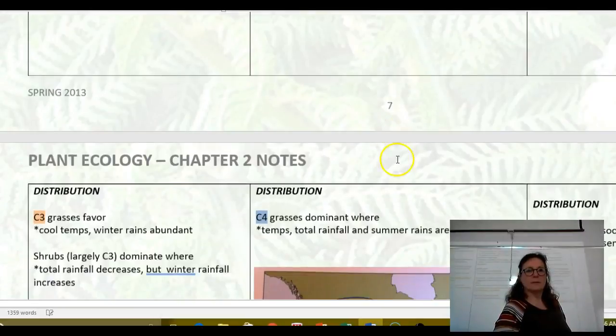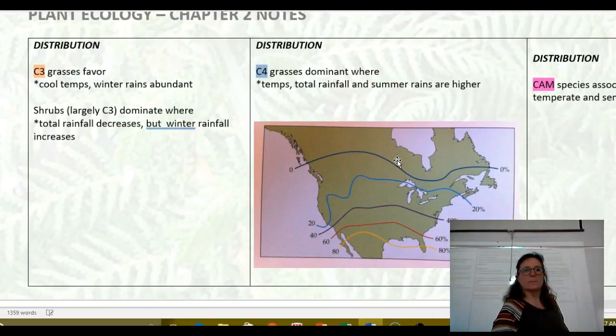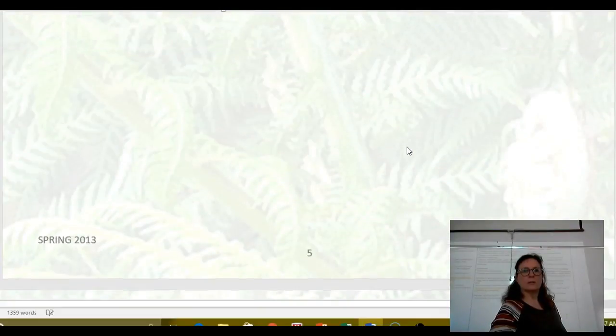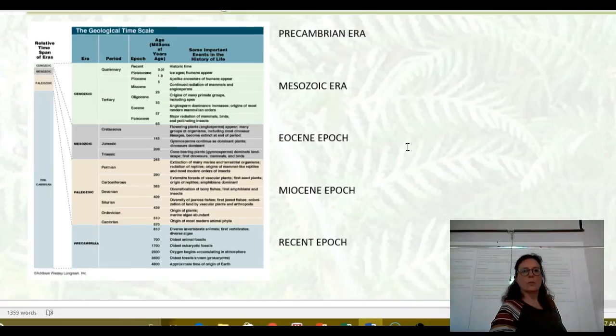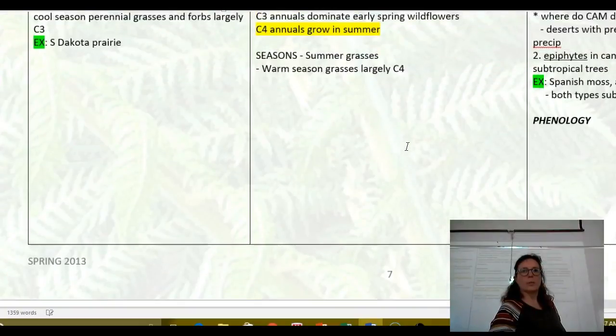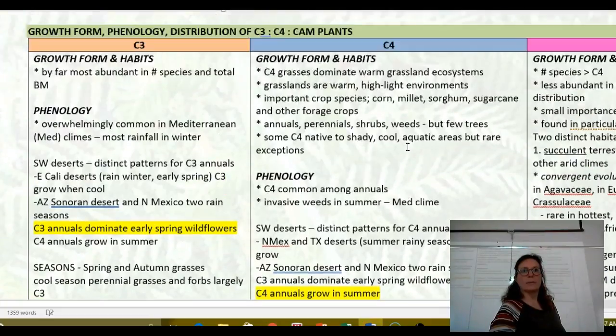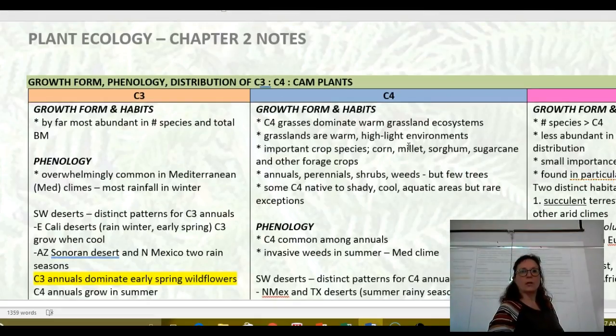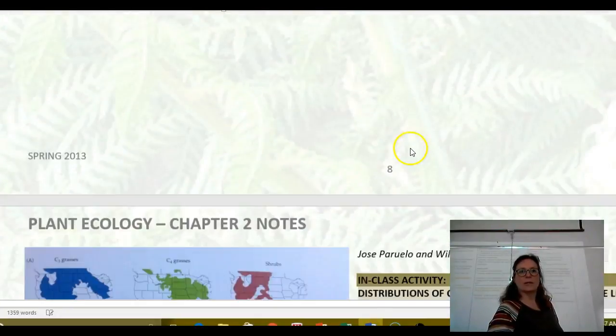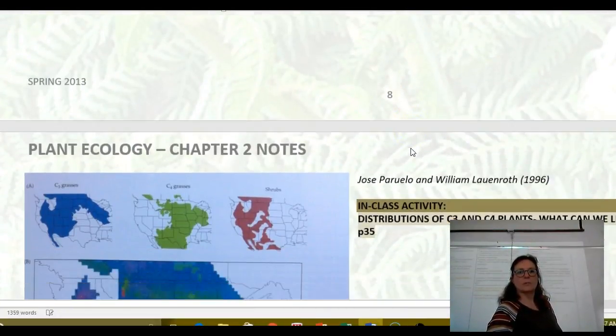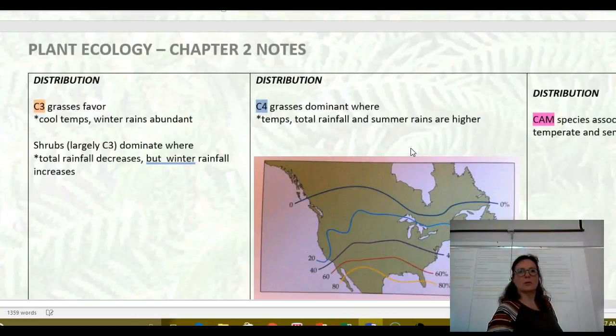And then what about distribution? Okay, so if we looked at our headers, we had growth form, phenology, and distribution. So going down to distribution.